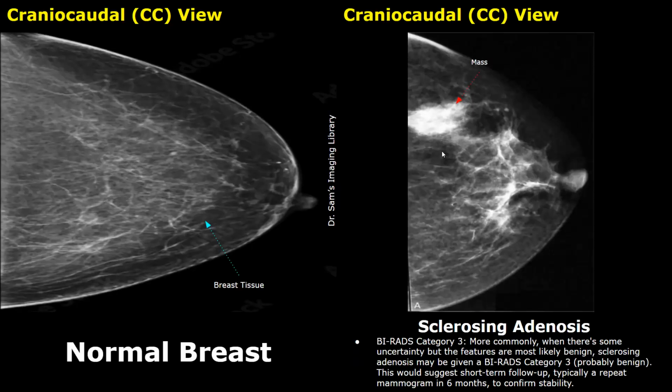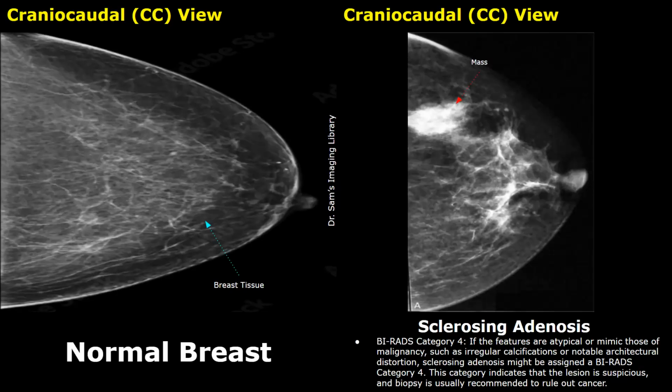Sclerosing adenosis is usually given BI-RADS 3, which indicates probably benign lesions with a short follow-up required. This usually includes a repeat mammogram in 6 months to confirm its stability.